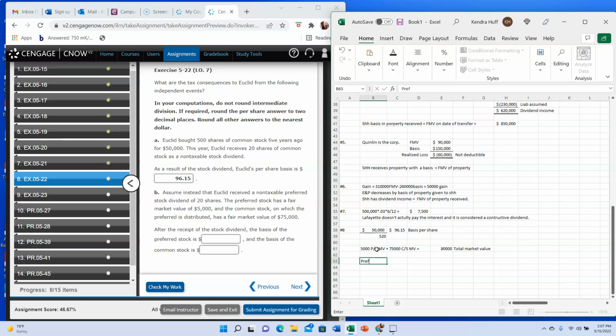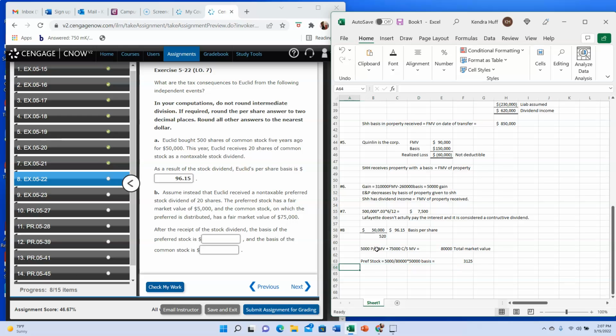All right, so the preferred stock will get 5,000 over 80 times the $50,000 original basis. So 5 divided by 80 times 50.